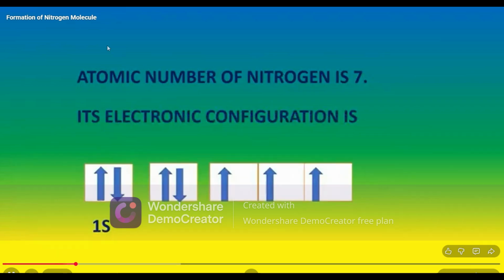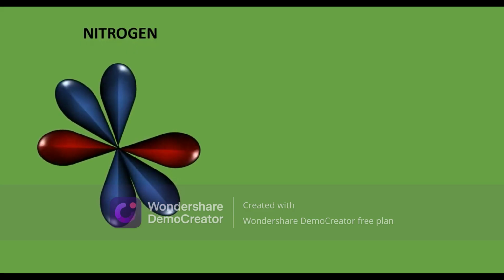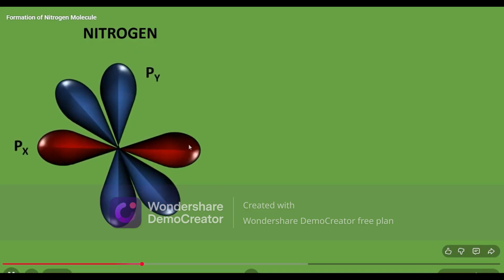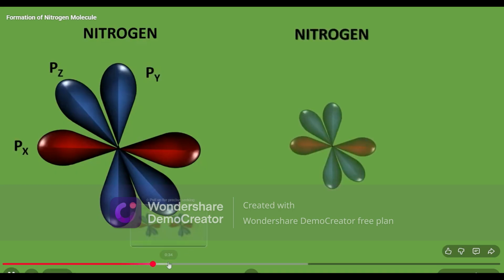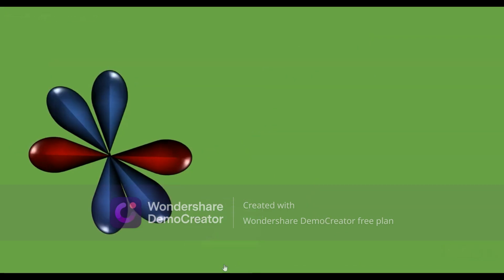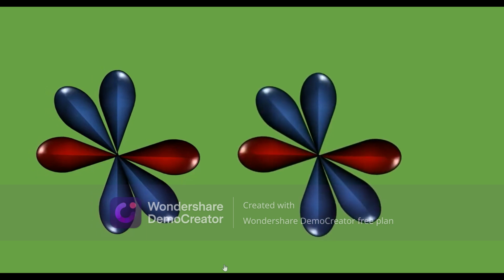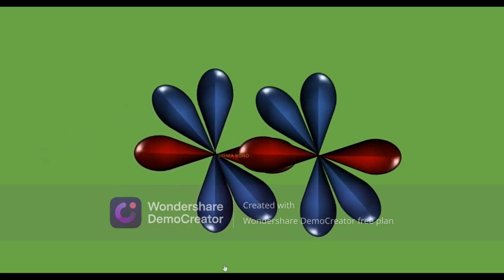Electronic configuration of nitrogen, atomic number 7, is 1s2, 2s2, 2p3, with 3 unpaired electrons. So this 2px and one more nitrogen's 2px, they both will collide directly, forming a sigma bond.